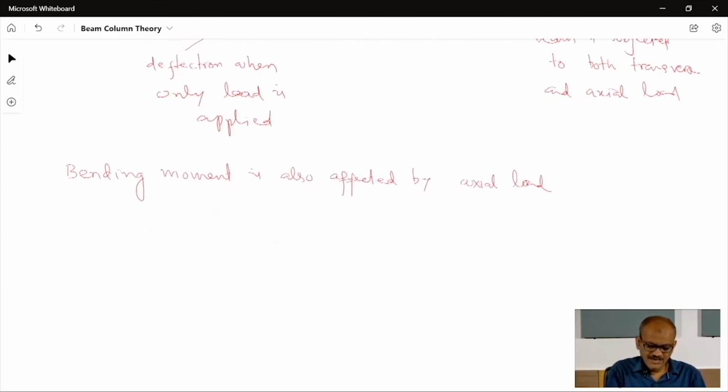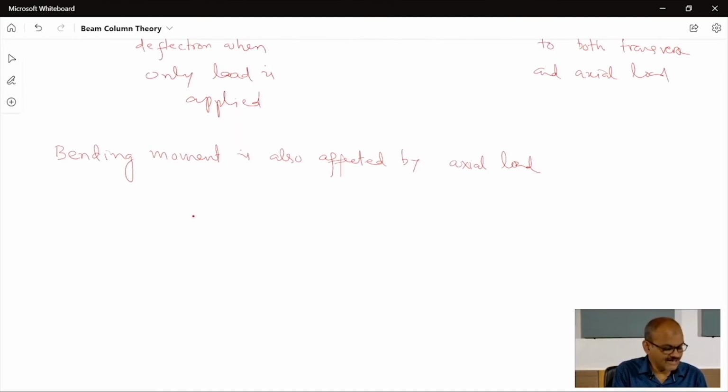The maximum bending moment at the center of the beam, when there is only uniformly distributed load, we know is WL square by 8, where W is the load per unit length. But in this case, because of axial load, the additional moment will be P into delta. Delta is the mid-span displacement.